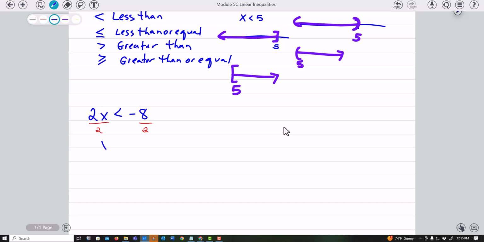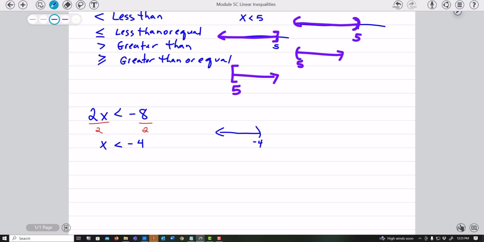And so I get x is less than -4. And so my answer would be something that looks like that, because I have to be less than, and I cannot use a square bracket, it has to be a parenthesis, because it's not less than or equal to.